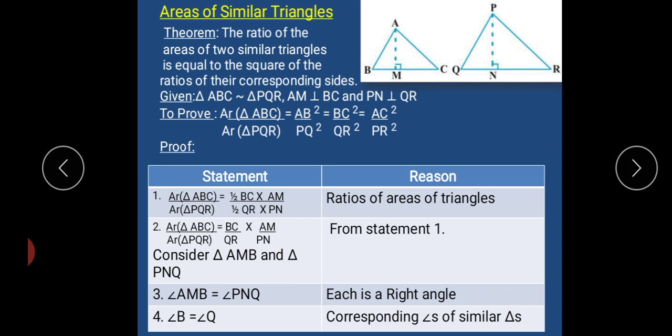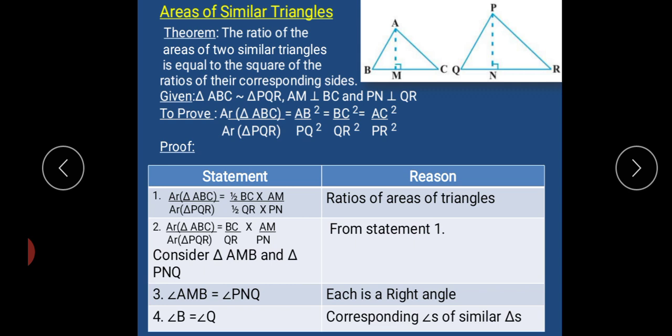So this is the first part. Now we will go to the two triangles which include AM and PN. AM is there in triangles AMB and AMC. Same way, PN is there in triangles PNQ and PNR.